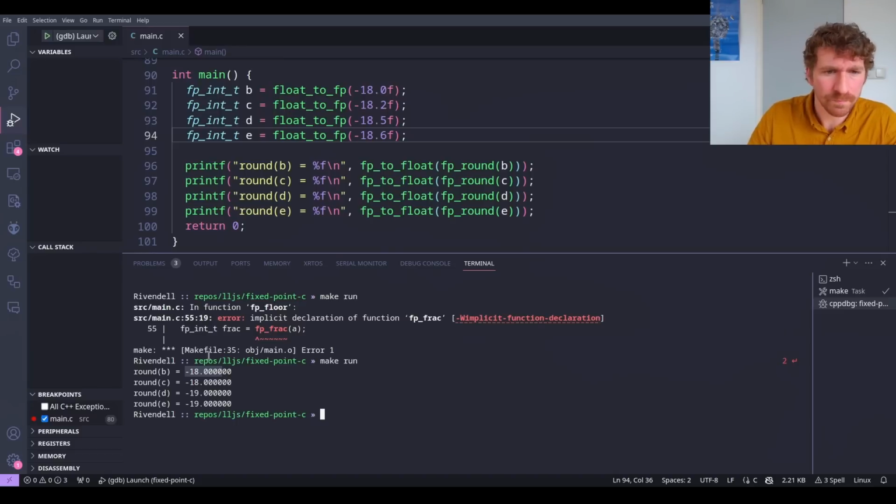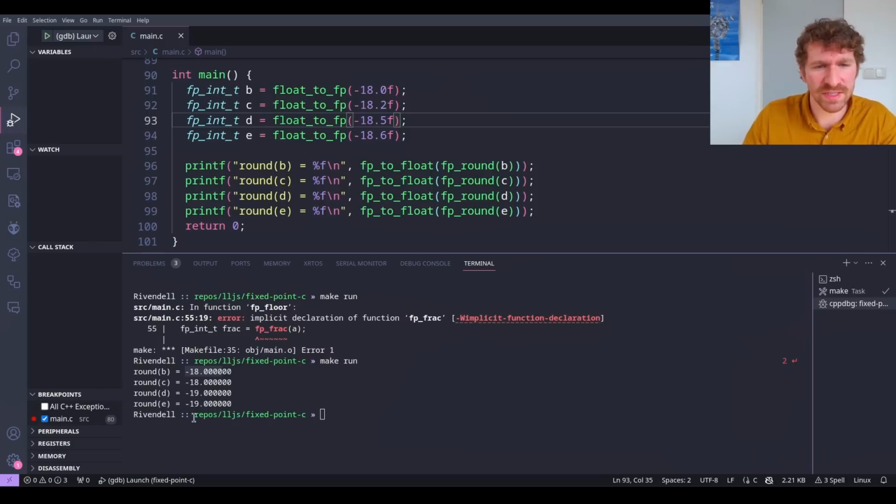That's good. In the case of negative 18.2, we would expect to round down, right? That makes sense. So we're rounding towards negative 18. 18.5, we round up, so we go to negative 19. And 18.6, we also are above, so we go to negative 19.